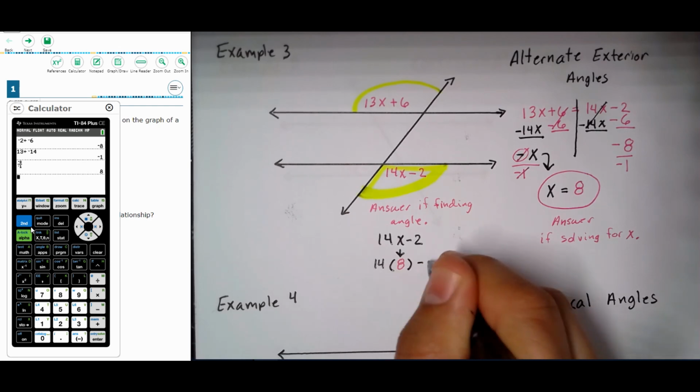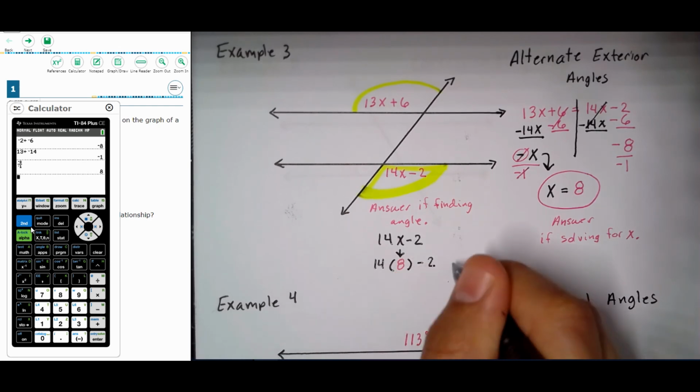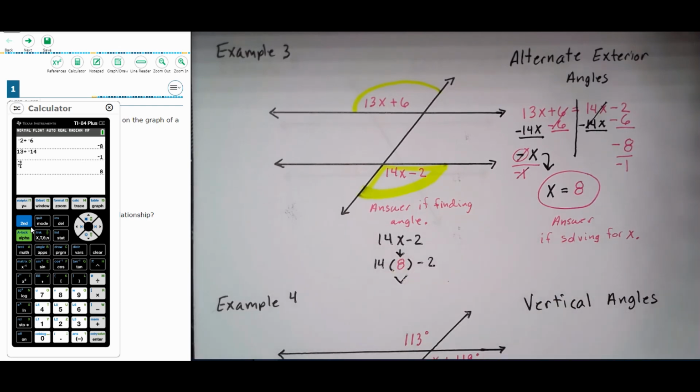So 14x minus 2, and if I were to put this all in the calculator, 14 parenthesis 8 close parenthesis, that means it's just multiplying 14 times 8, and then we're going to subtract 2 from it, and it gives me 110.